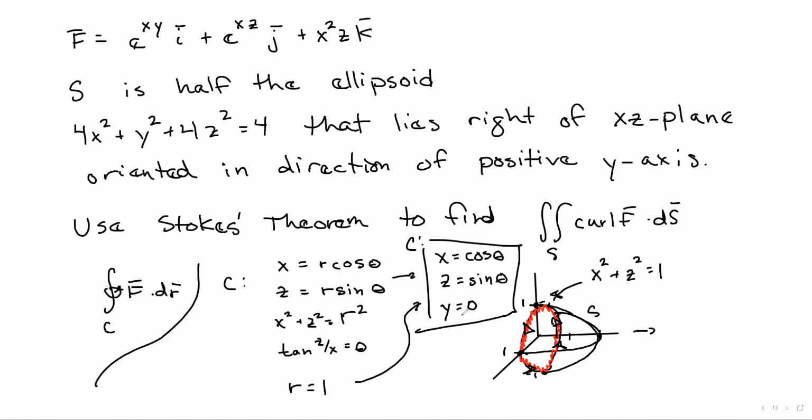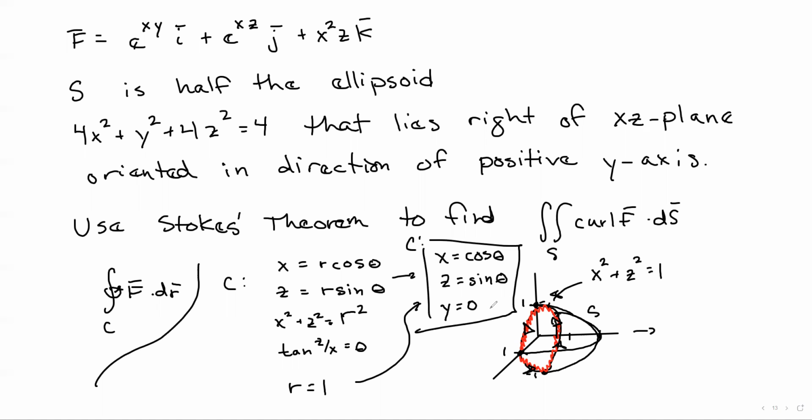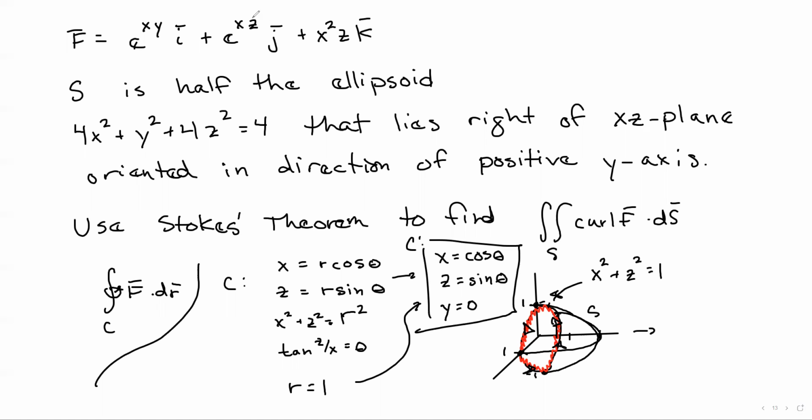So we're going to get our integral over C. First, take your parameterization of the curve and pop it into your vector field. We have e to the xy first, so what is x? x is cosine theta, y is 0, so we're going to get cosine theta times 0. And don't forget, this is i. And then e to the xz j.